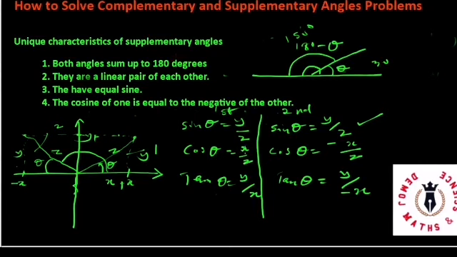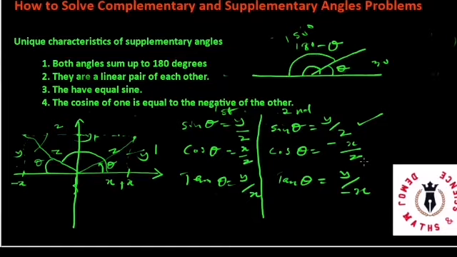My cos theta here is equal to x over z for my first quadrant, and in the second quadrant, my cos theta is equal to minus x over z. My tan theta is equal to y over x in the first quadrant, and my tan theta in the second quadrant is equal to y over minus x, so that it's negative.